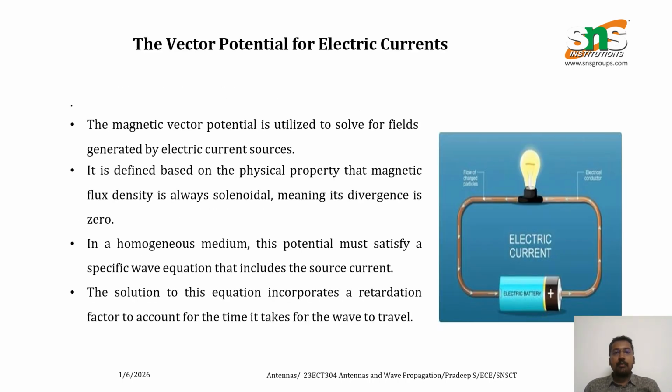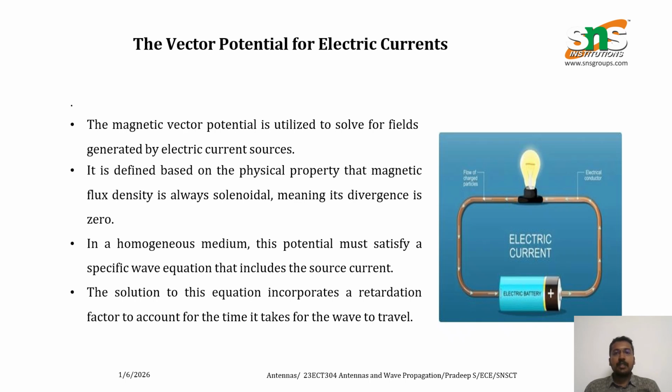To determine potential at a point located away from the source, a specific differential wave equation must be solved. For analytical convenience, the source is commonly idealized as a point source, which allows the potential to be expressed solely as a function of the radial distance from that source.